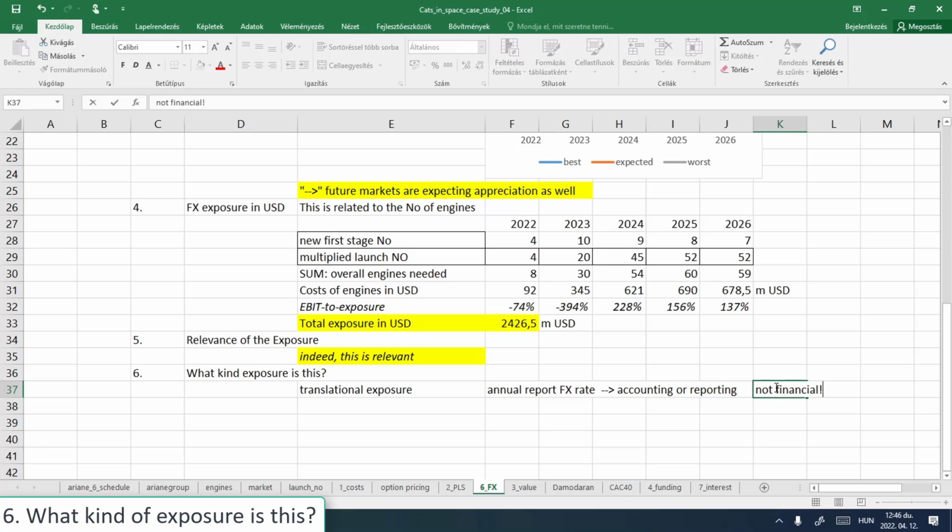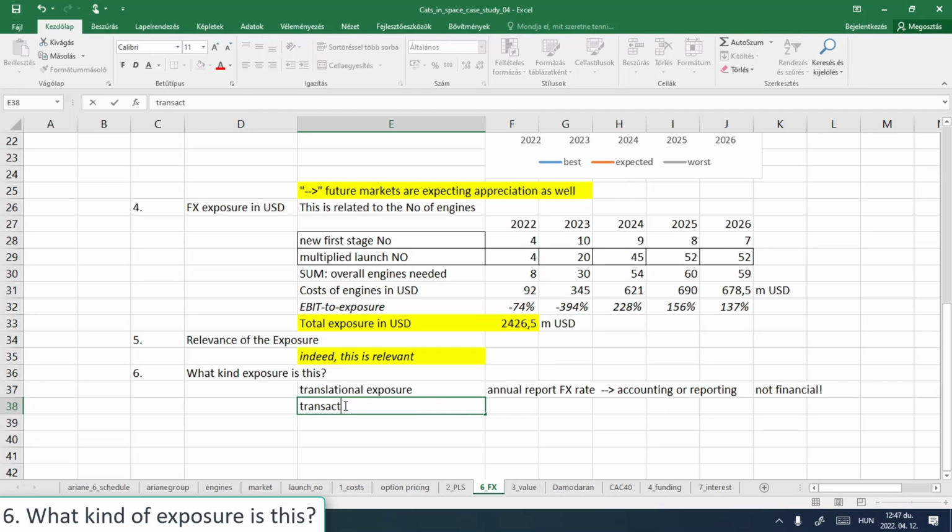We cannot hedge it efficiently with options. Maybe we can write in the annual report that we were doing this, but from a risk management point of view, it's irrelevant. So we don't have to deal with that one.